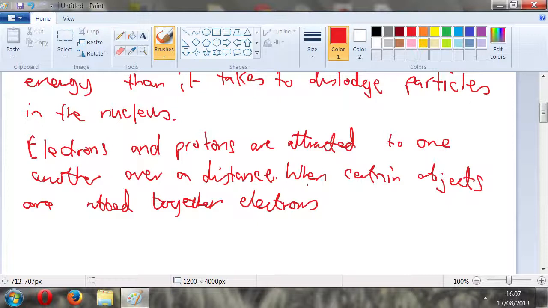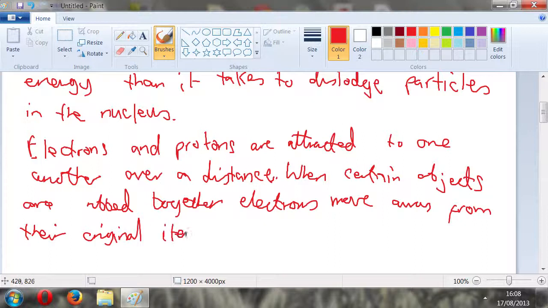When certain objects are rubbed together, electrons move away from the original atoms and reside around the atoms of another object.